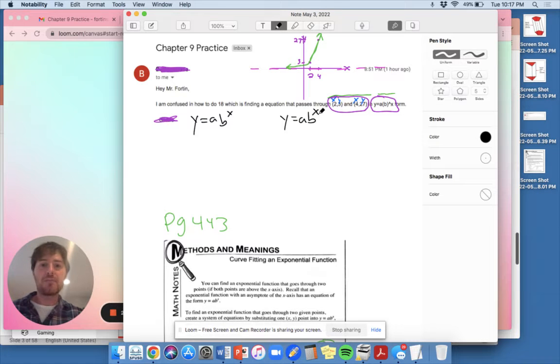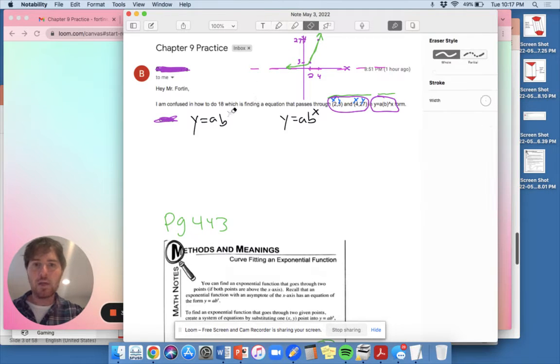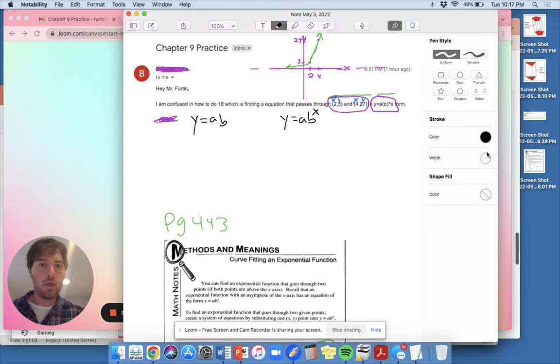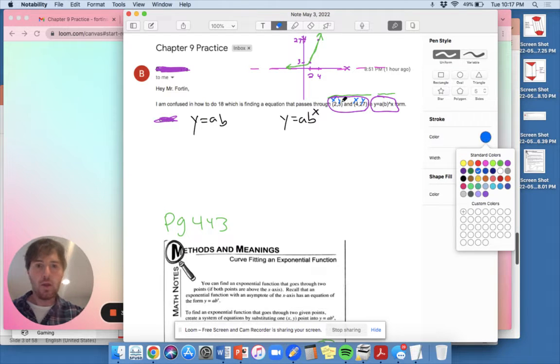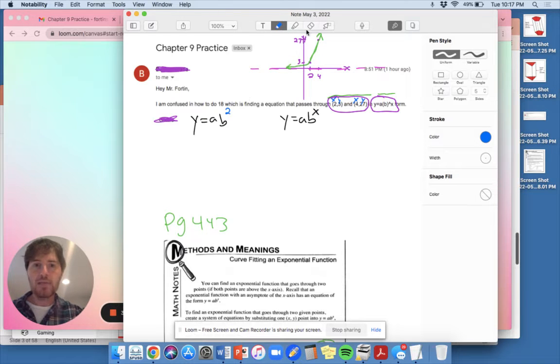Because I know a coordinate pair that works is (2, 3). Another coordinate pair that works is (4, 27). I can replace x here with this x value in that coordinate pair, and I can replace y with its corresponding output, right? Well, what would have to get generated, if I had an equation here and I plugged in 2, I would get y as my output, right?